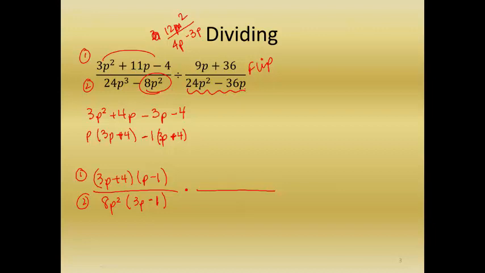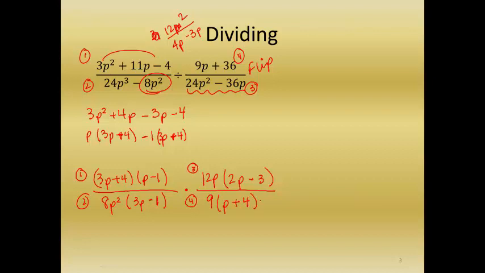So this is going to become the numerator, and I'm going to factor it. I'm going to take out probably a 4p. That looks like the largest thing. Maybe I can take a 12p out of there, leaving behind 2p minus 3. And in this last piece, which is now going to become the denominator, I'm going to factor out a 9, leaving me a p plus 4.